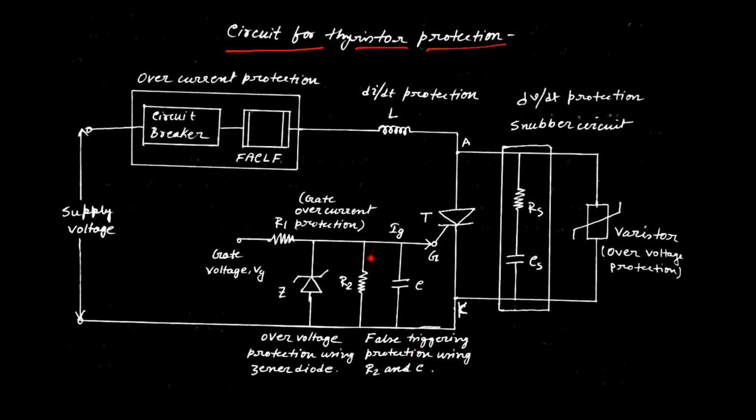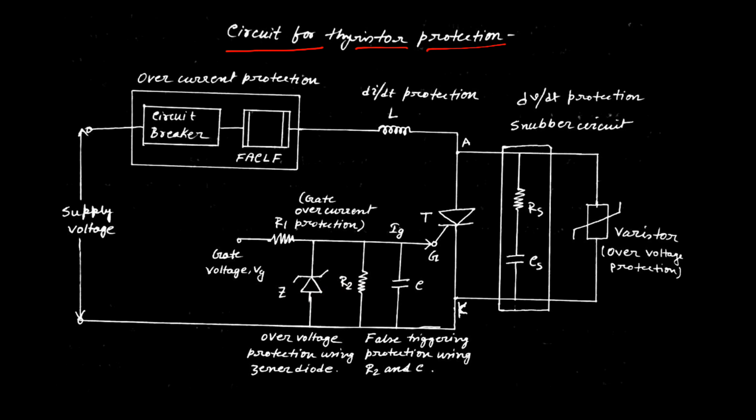This R2 is there to protect against overvoltage which can be generated from the gate supply, and R1 is there to protect against overcurrent from the unwanted signal which can be generated by the gate supply, and the Zener diode is connected across the gate terminal to protect against overvoltage.